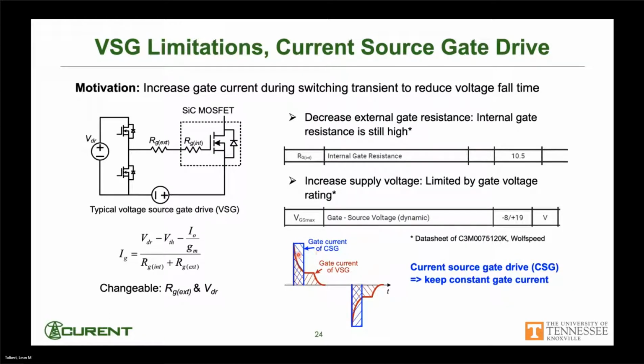If we're able to somehow keep this gate current constant, we don't need as much time. In terms of area here, the area under this blue area and the red area is the same, and if we can keep that gate current constant, hopefully we can do it in a shorter time period.